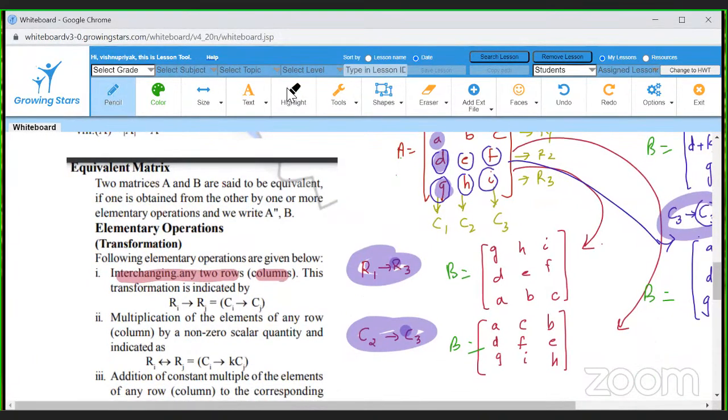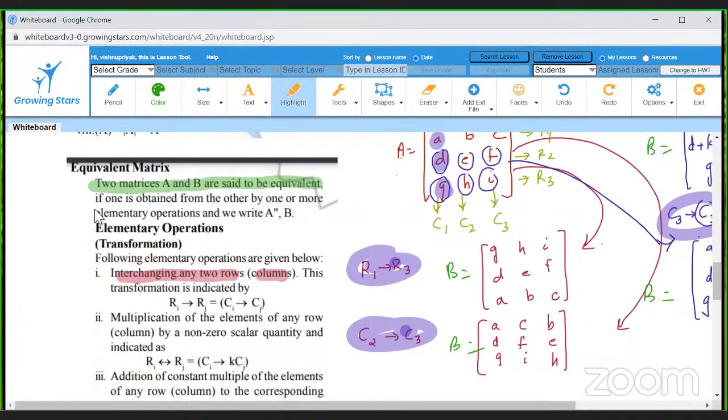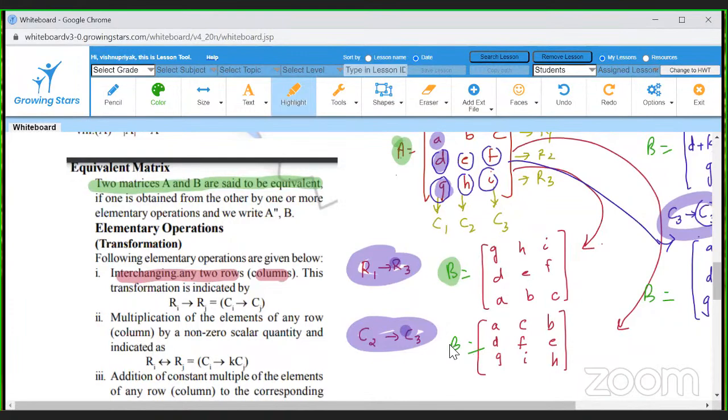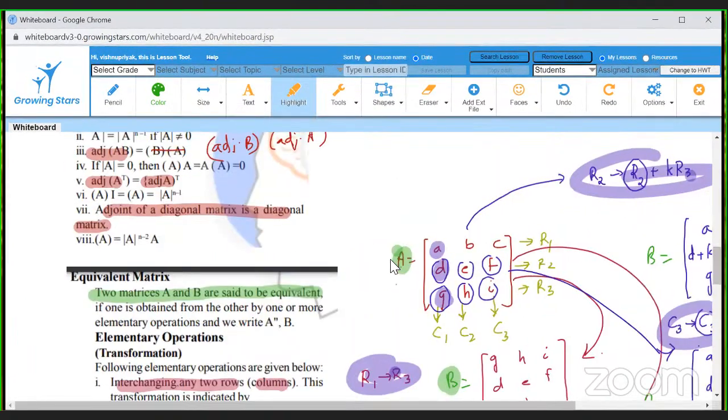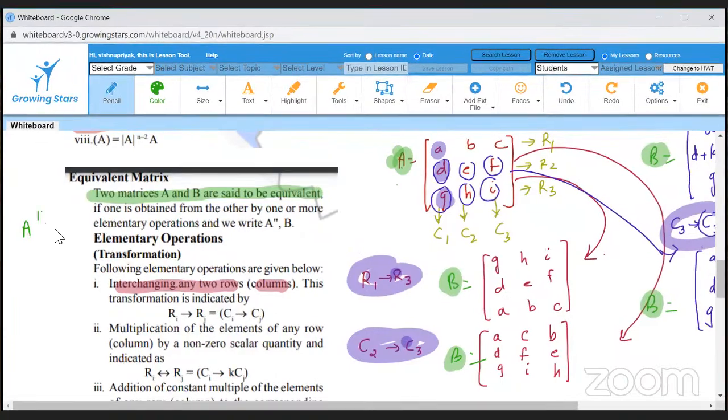So here what they said is, two matrices A and B are said to be equivalent. So here A and B are equivalent. This A is equivalent to this P. I will say A is equivalent to P, A is equivalent to B. Like this I will write.